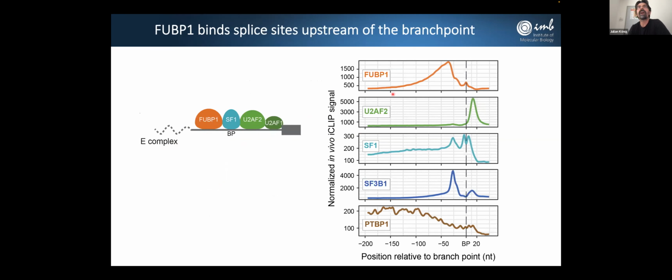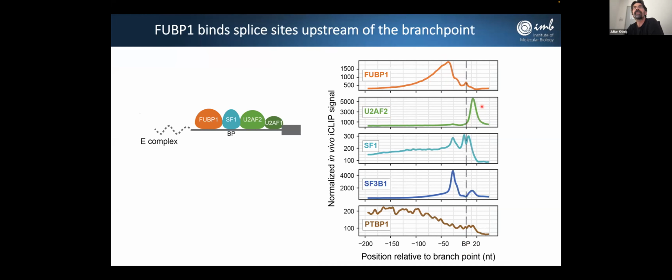And what we found, to our surprise, in these meta-analyses here, so these are RNA maps or meta profiles of binding around the branch point of all used splice sites in the transcriptome, was that FUBP1 actually has a major footprint upstream of the branch point. And this footprint resembles signal strengths that we observe, for example, for U2AF2, that is peaking here downstream of the branch point where the polypyrimidine tract is located.